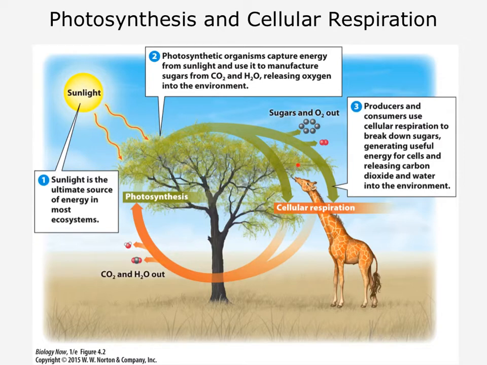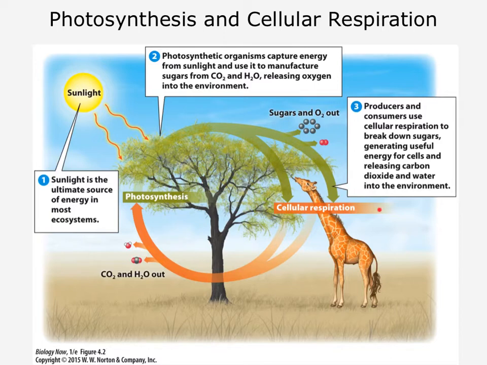So in the plant, that all happens. It made its own sugar, released that oxygen, decides, hey, I'm going to make some ATP, does that through cellular respiration.